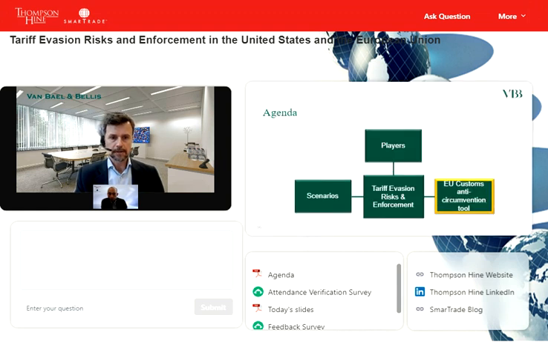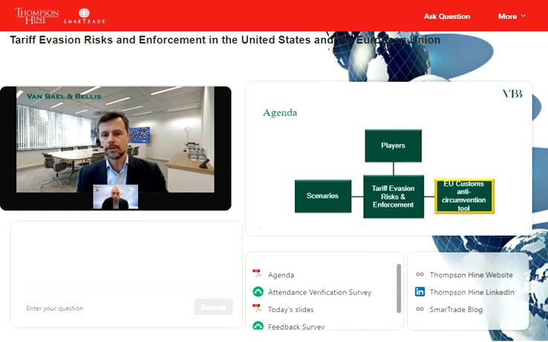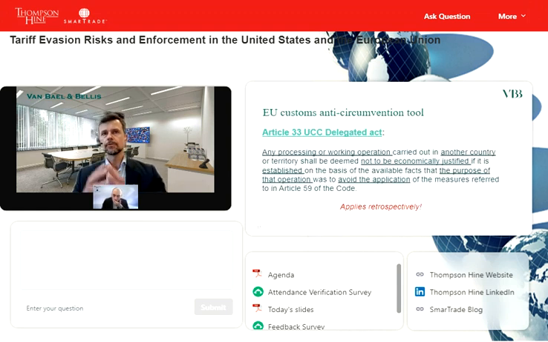And conscious of the time, I wanted to refer you to what I called before the EU Customs Anti-Circumvention Tool. This is a provision that concerns matters of origin. Imagine that you want to relocate your factory to another country to avoid the imposition of additional customs duties, usually trade defense measures or retaliatory measures.